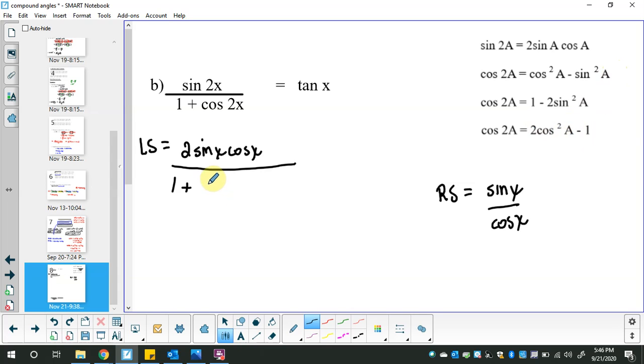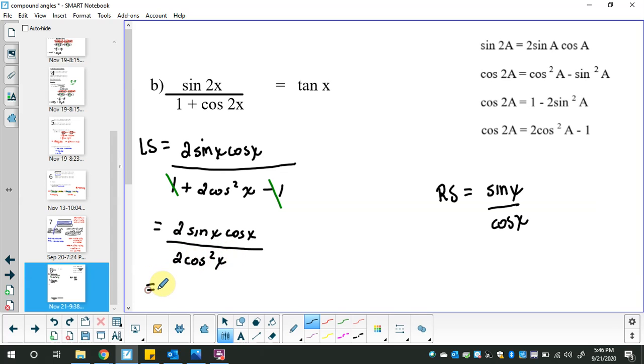So I'm going to put that in, and I don't even need brackets because it's following a simple plus sign. I need to do the hard work of making sure that it's an x and not an a. Do you see why that's good for a second reason? 1 minus 1 is 0. I'm going to have a line of neatness. So my top remains the same. And my bottom is 2 cos squared x.